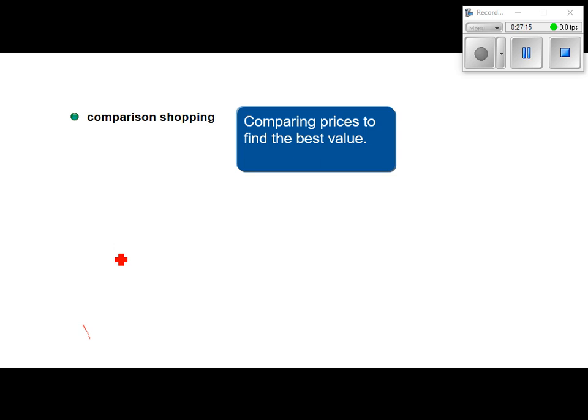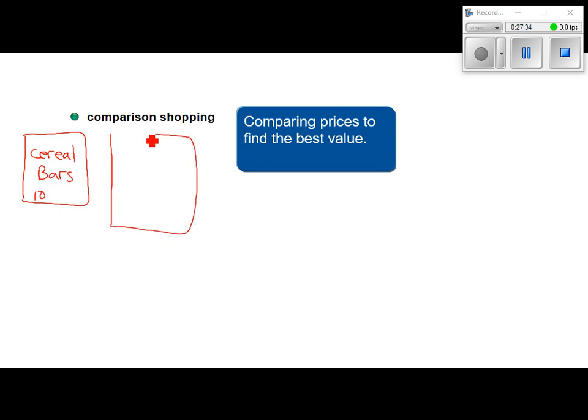And sometimes it's sort of hard to do comparison shopping. One of the things that we buy a lot of, those cereal bars, like the granola bars and those kind of things, and they sell them in different size boxes. Like this one might have 10 in the box, and then you get another box that's got 18 in the box.